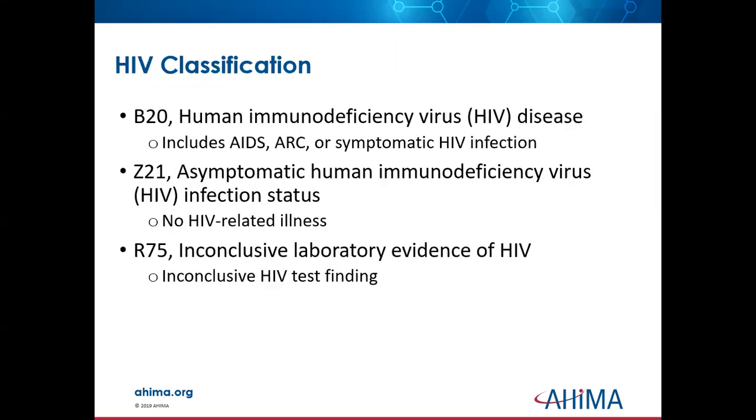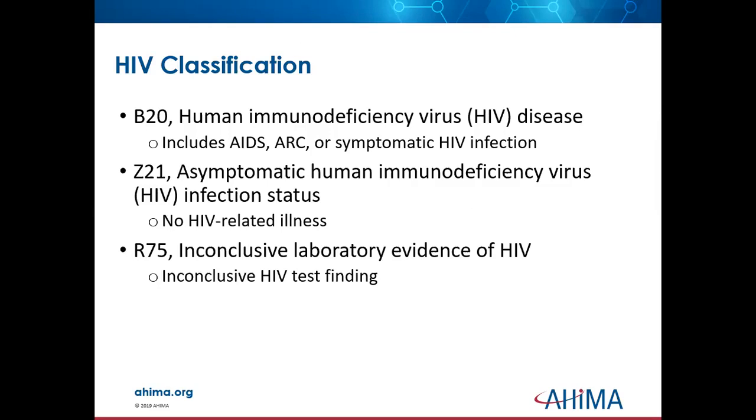When we look at HIV classification, we need to look at several things. First of all, the human immunodeficiency virus, or the HIV disease. This includes AIDS, AIDS-related complex known as ARC, or any symptomatic HIV disease.